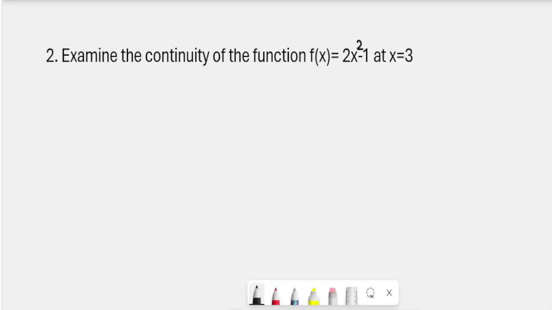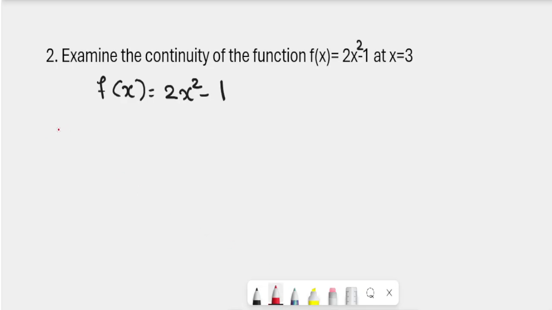Now we'll see the second question. Now the next question is, examine the continuity of the function f of x equals 2x square minus 1 at x equals 3. So the function is f of x equals 2x square minus 1.